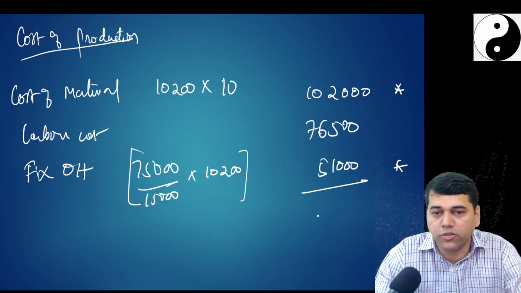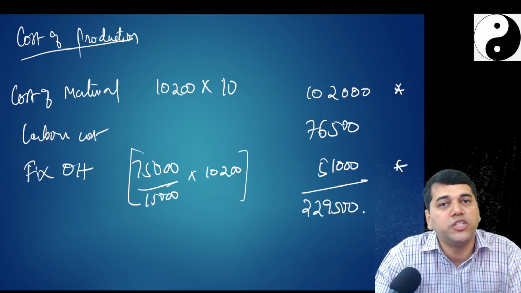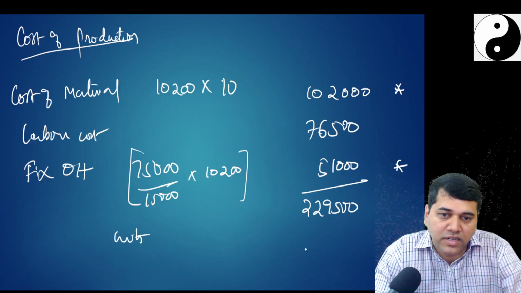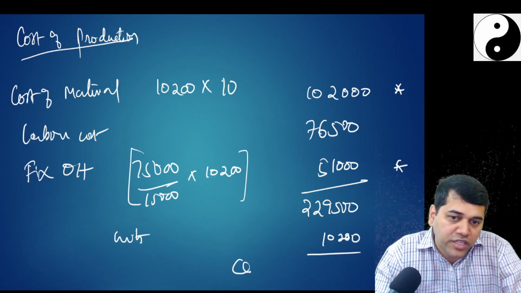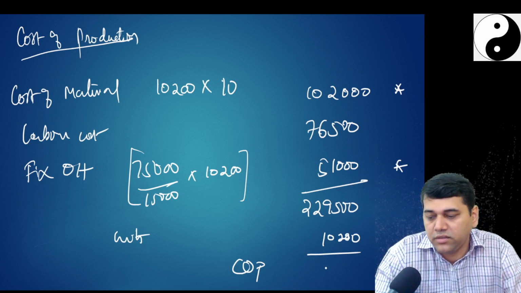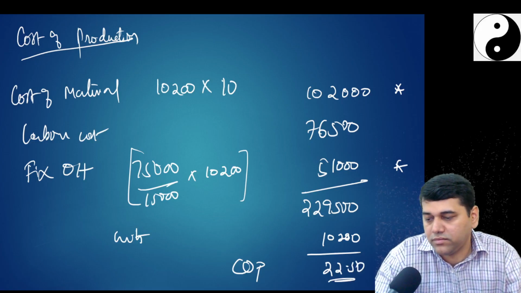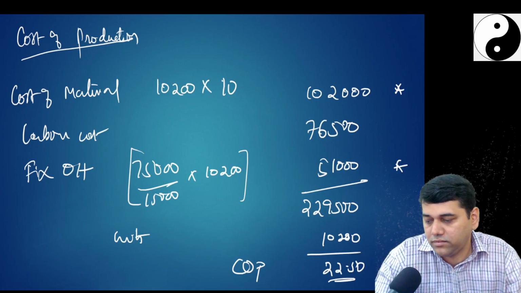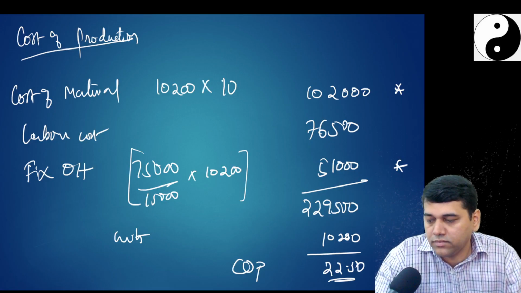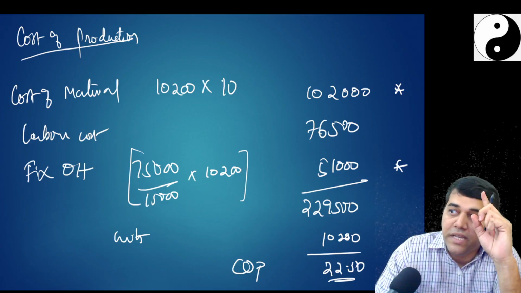So what is your total cost of production? 2,29,500. By incurring this cost, how many units did you produce? 10,200 units. So COP, cost of production per unit, is 22.50. So your assumption here is the opening stock of the FG.